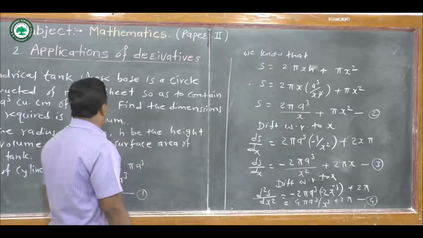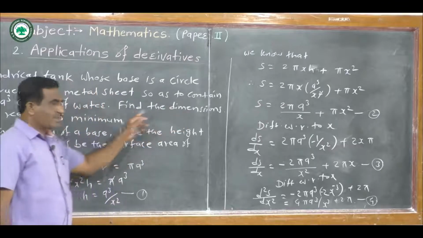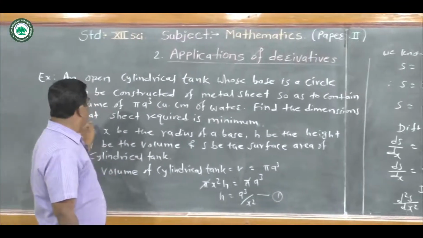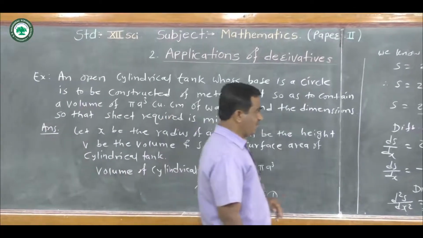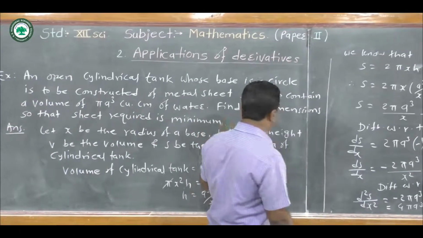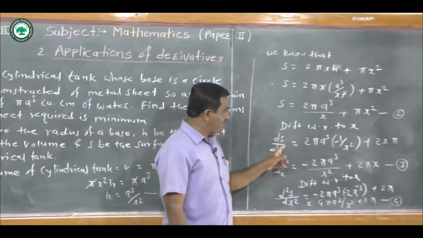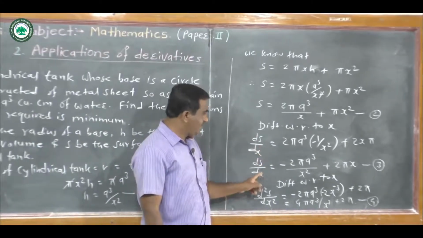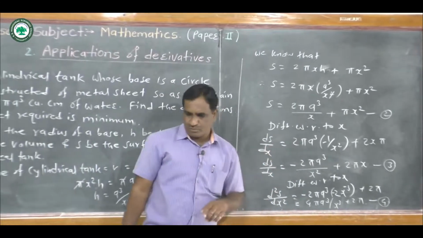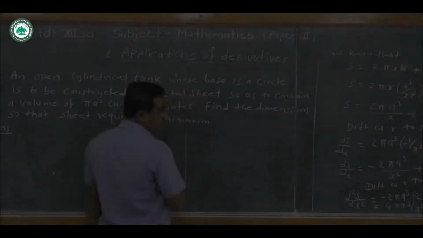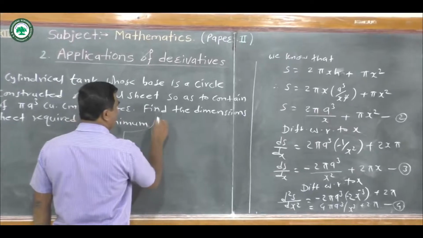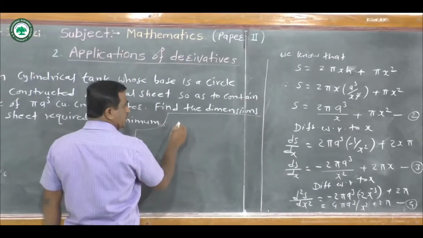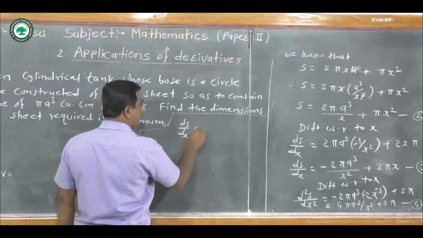Now we have to find the dimensions so that the sheet required is minimum. For the minimum value, we can take the first derivative ds by dx equal to 0.